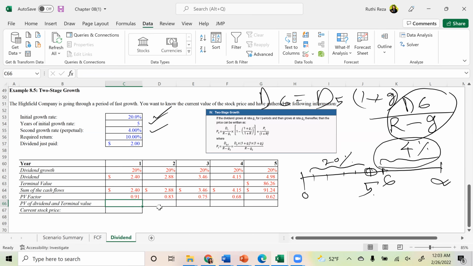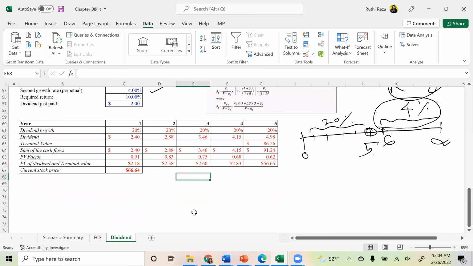Then calculate the present value of the total cash flows. Then the sum of the discounted cash flows should be the current stock price. So here, the current stock price should be $66.64.